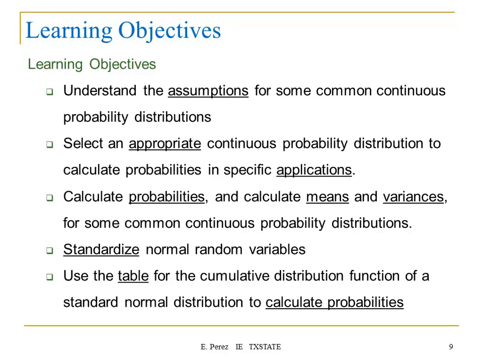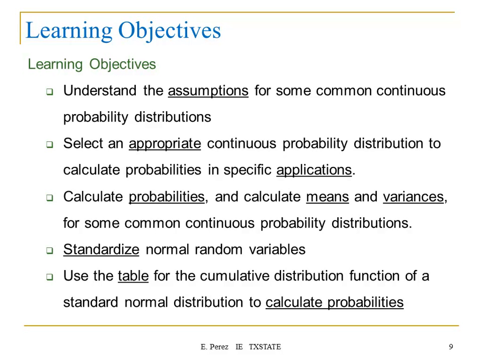So the learning objectives, again: understand the assumptions for some continuous probability distributions. What are the assumptions? When are you going to use them? That's the most important part, because if you know when to use them, then you are able to apply them and solve the problems. Select an appropriate continuous probability distribution to calculate the probabilities in specific applications. Calculate the probability and calculate the means and the variances.